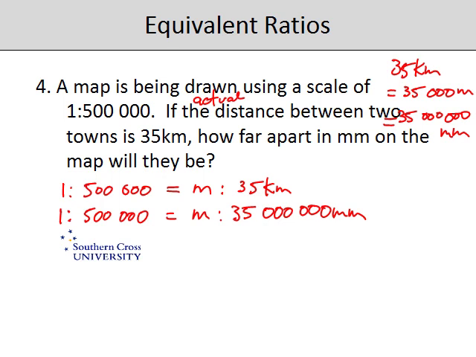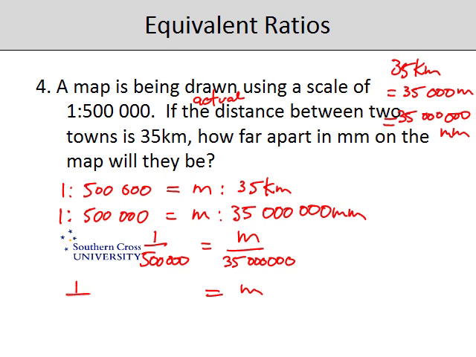Now, I may use the other technique with this one, which is to write both of them as fractions. So that means 1 on 500,000 is equal to M, first number, over second number. Now, M is being divided by 35 million on this side, so if we move the 35 million across to the other side, the opposite will occur.